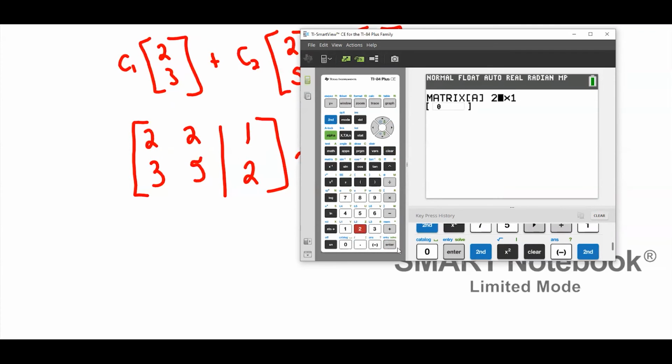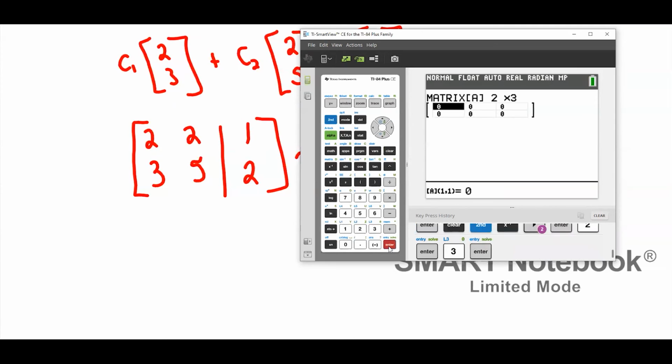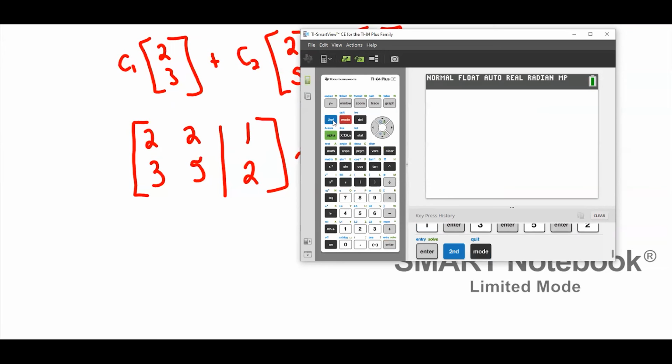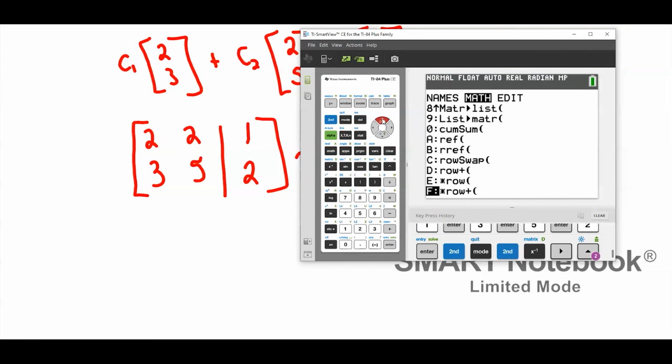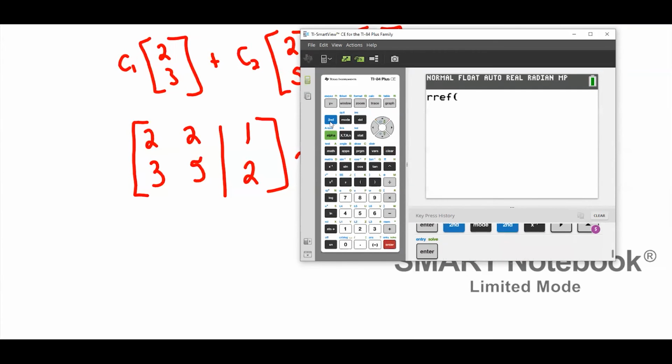This is a 2 by 3. I'm going to put in the entries by row. I'm going to quit to the main menu. I'm going to go back to the matrix menu, go to math, and then I want to scroll up till I get to RREF.